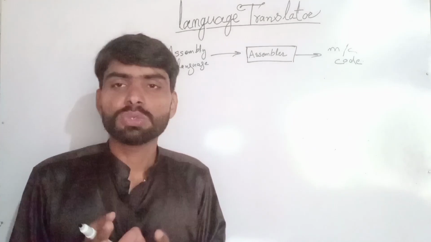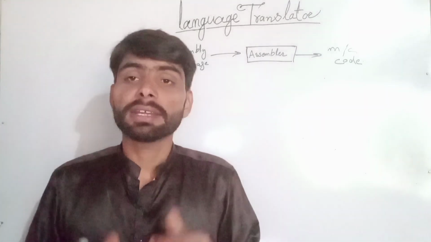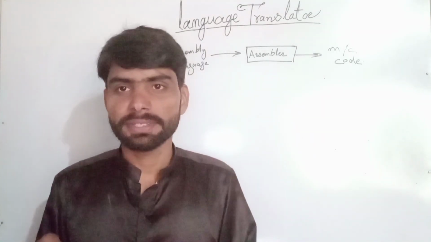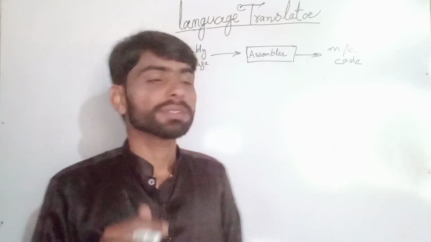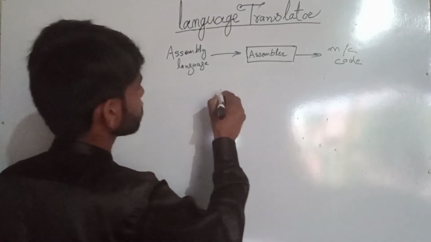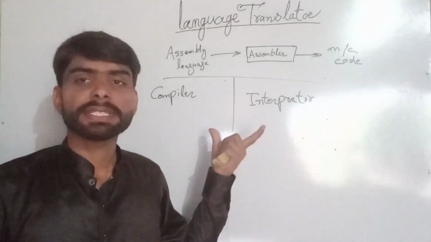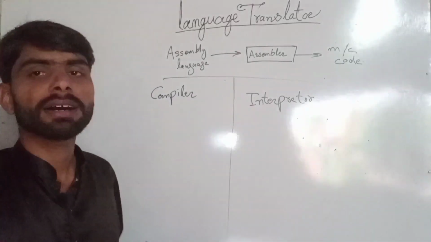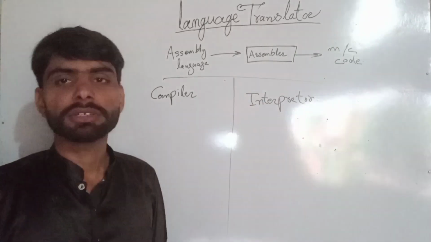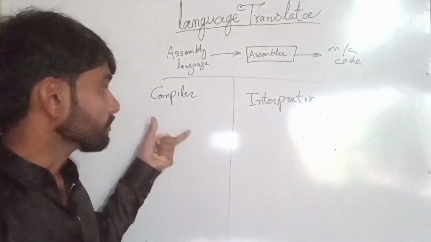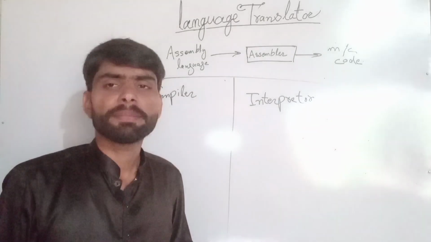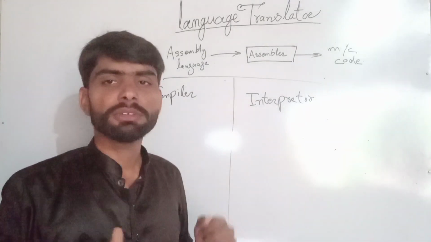And next, the compiler and the interpreter are the two translators that are used to convert high level language into machine code, right? So both are used to convert the high level language into machine code.